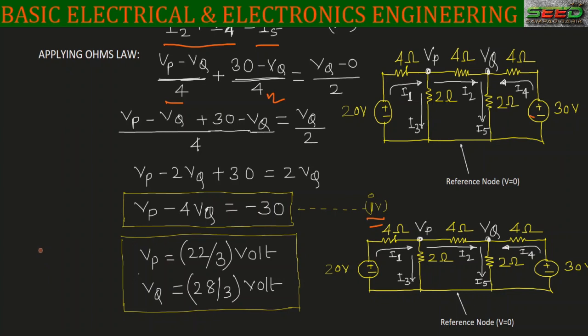Now if you solve equation number 2 and equation number 4, you will get this result where Vp, that is potential at P point, will be 22 by 3 volts, and the potential of Q point will be 28 by 3 volts.